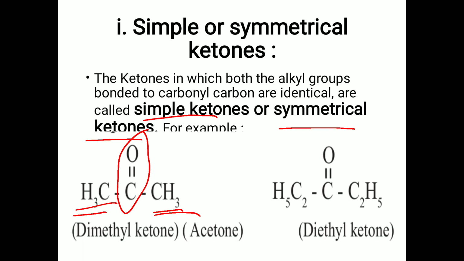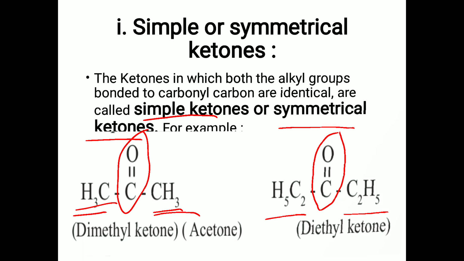Another example is the carbonyl group in which there are two same alkyl groups, that is ethyl group. So the name is diethyl ketone. As we study here, there are two same alkyl groups, so the name is simple ketone or symmetrical ketone.